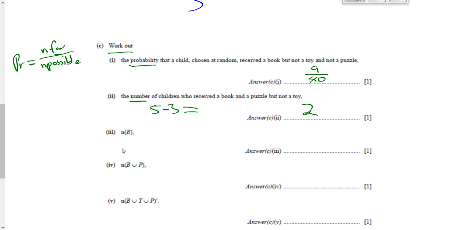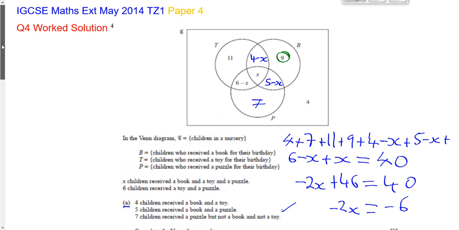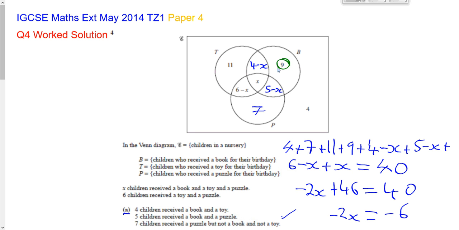Now we're looking for the number of B, the number of children who received a book. That's the 9 that just got a book, plus the 4 minus x who got a book and a toy, plus the 5 minus x who got a book and a puzzle, plus the x that got all 3.